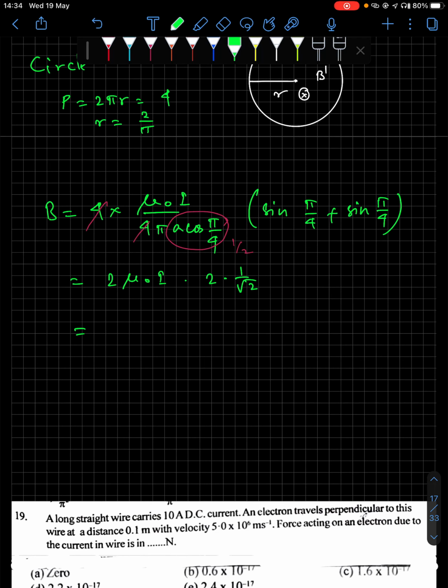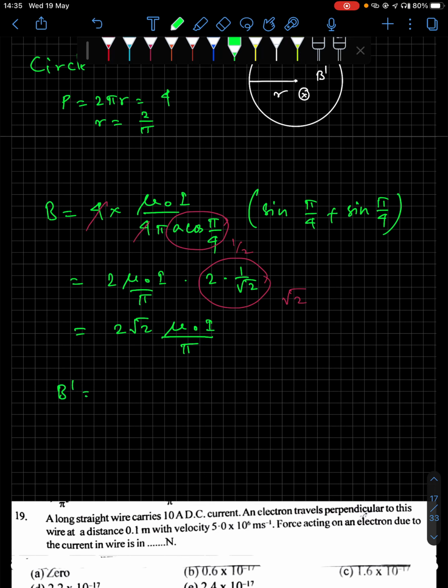Now this part will get you root 2 in the numerator, isn't it? So your result is here 2 root 2 mu naught I. There was a pi in the denominator here. Divided by pi: 2 root 2 mu naught I by pi.